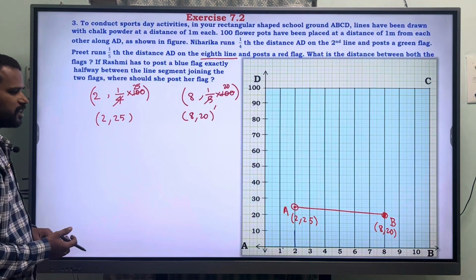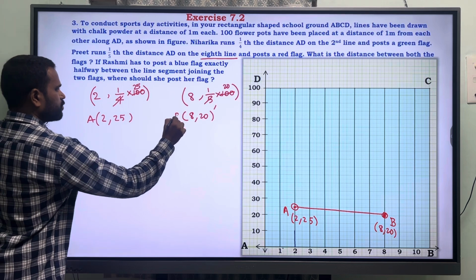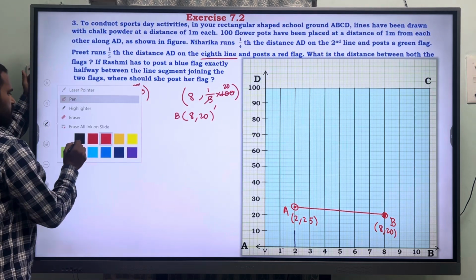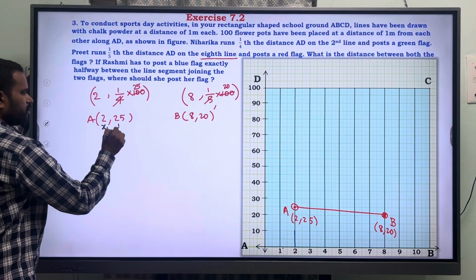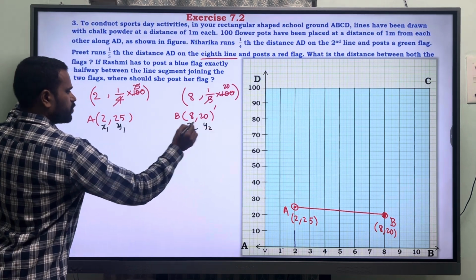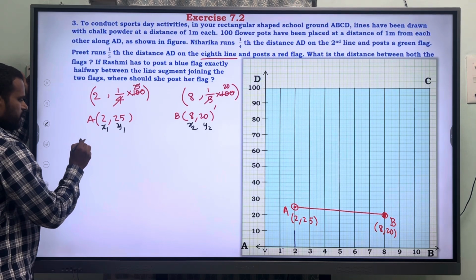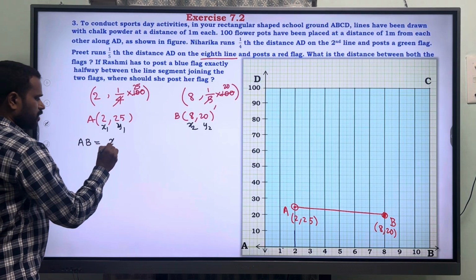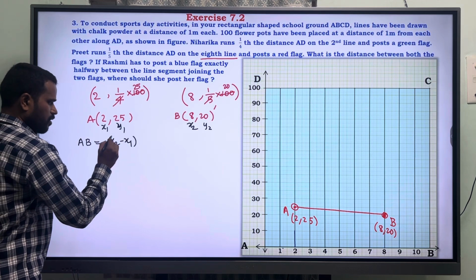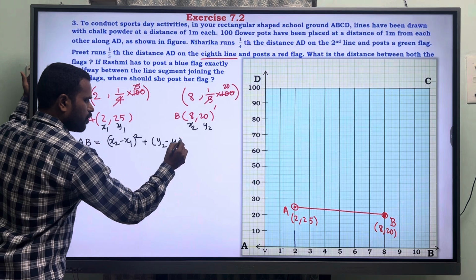Now first, the distance. This is A and this is B, so this is x1, y1, x2, y2. We know the distance formula. Distance AB is root of x2 minus x1 whole square plus y2 minus y1 whole square.